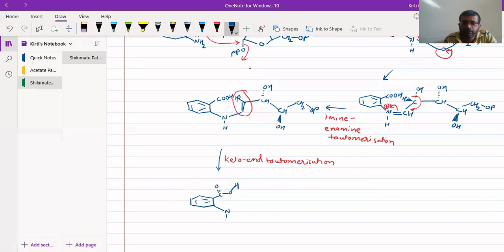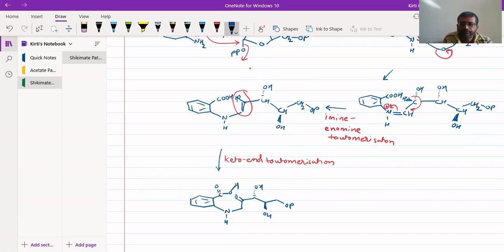Here we will have a NH followed by a carbonyl oxygen over here. Further, a dotted OH with a wedge OH followed by a phosphate group.